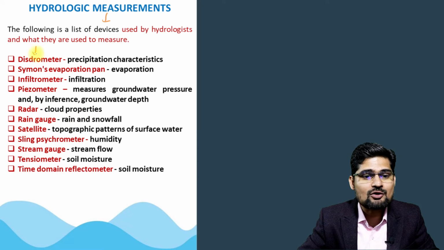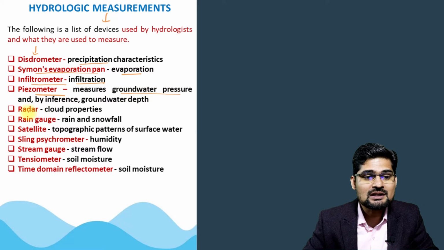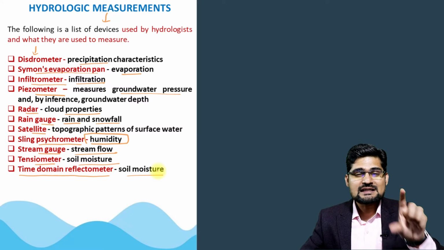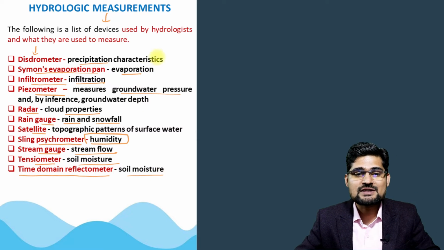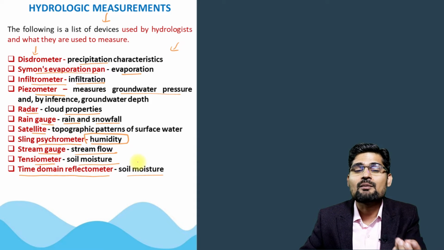So look into disdrometer, precipitation; Symons evaporation pan, evaporation; infiltrometer, infiltration; piezometer, which measures groundwater pressure; radar, cloud properties; then you have rain gauge, which is for rain and snowfall; then satellite; sling psychrometer, which is to measure humidity; then you have stream gauge for stream flow; tensiometer for soil moisture, and time domain reflectometer for soil moisture. So these are certain terms which I have listed in one place. These are basically the instruments utilized for measurements.